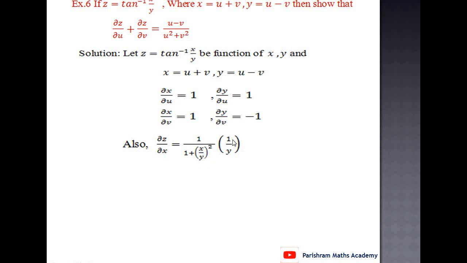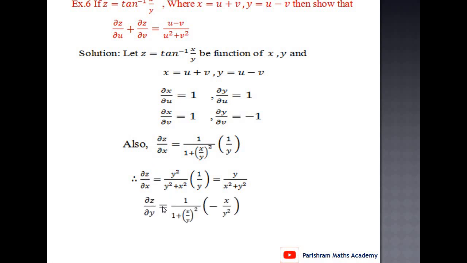Derivative of x is 1, 1 upon y is a constant term, therefore into 1 upon y. Then we can simplify here (x upon y) bracket square, that is x square upon y square, that is y square plus x square upon y square. We get y square upon y square plus x square into 1 upon y. Then y cancels, therefore remains y upon x square plus y square. Derivative of z with respect to x.